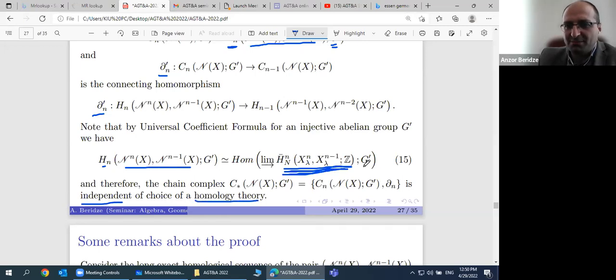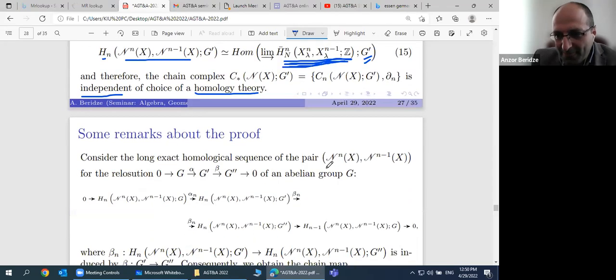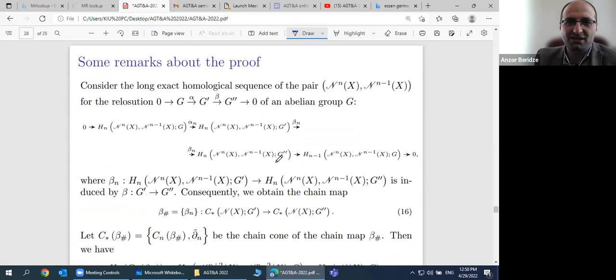But everything up to now is done only for injective abelian groups. And what happens for non-injective abelian groups? This is a chain complex for the injective abelian group G prime. This is a chain complex for the injective abelian group G2 prime, and we have the homomorphism.